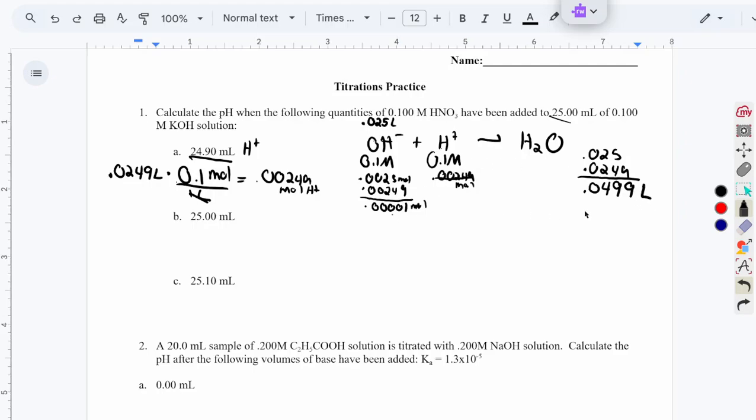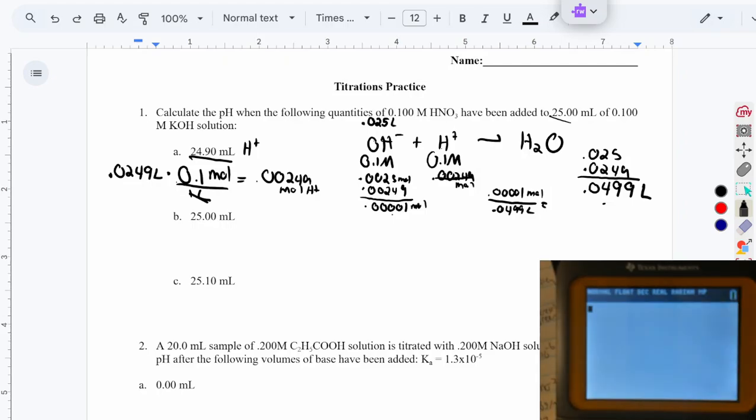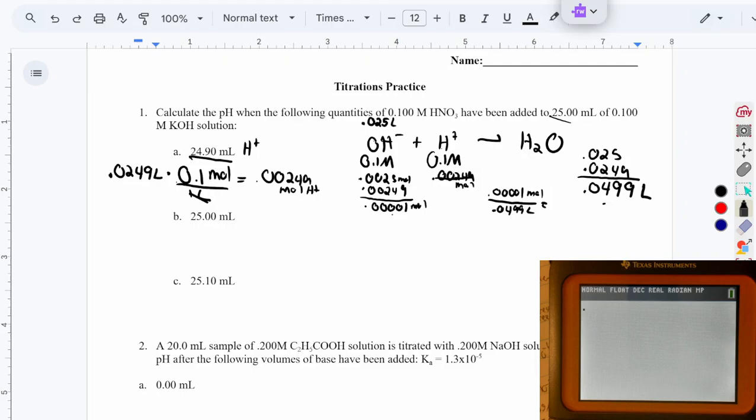So I've got moles, I've got liters. Let's divide that out. We're going to get 0.00001 moles of OH over 0.0499 liters. And that is going to give us 2.0 times 10 to the negative 4.